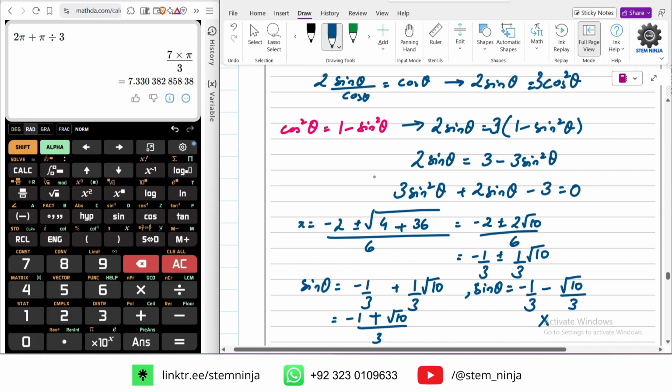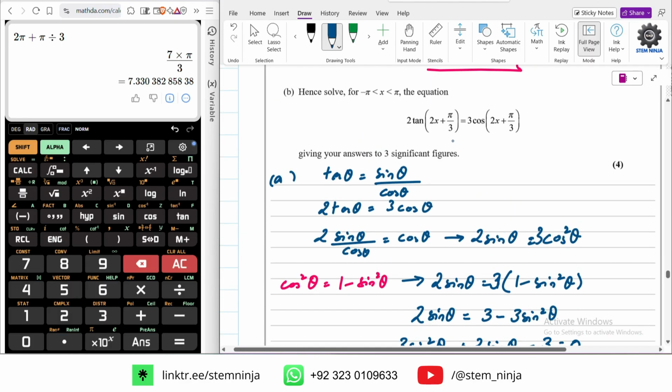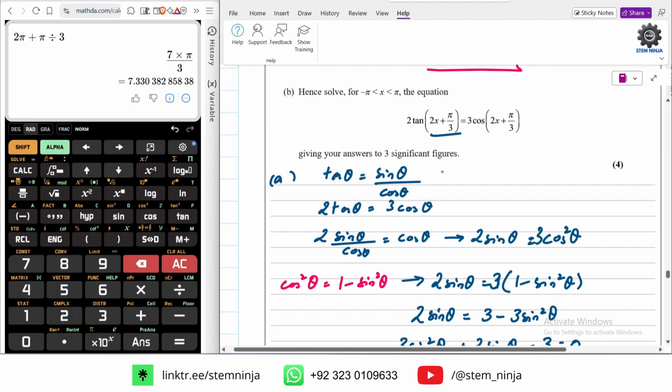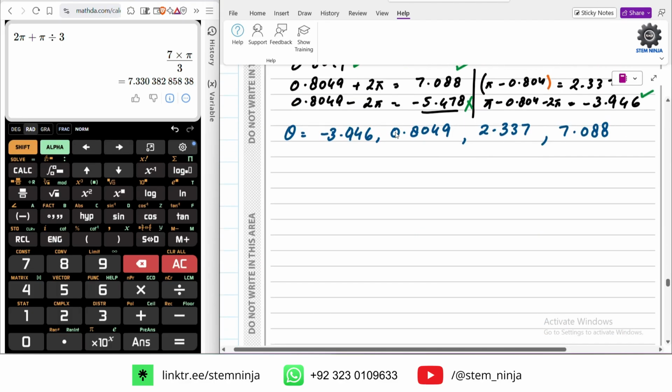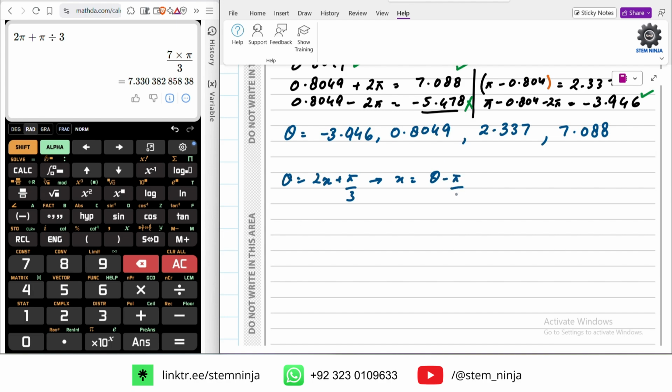Okay, so now we need to see what transformation we actually need. So we need 2x plus pi by 3. Okay, so we need the x values now. If theta is 2x plus pi by 3, then x would be theta minus pi by 3, divided by 2.